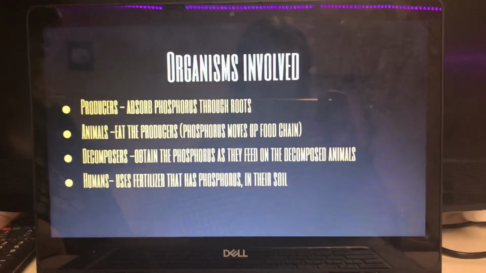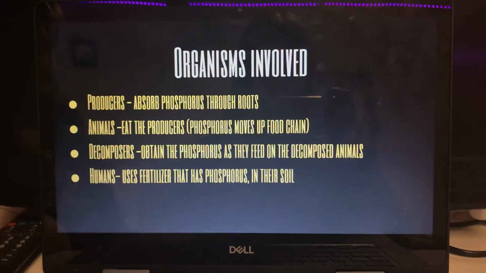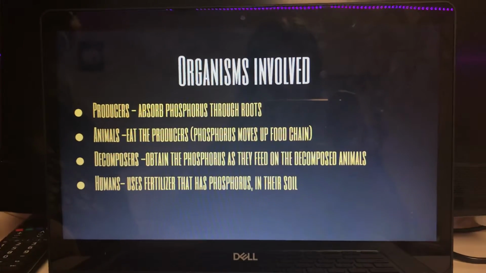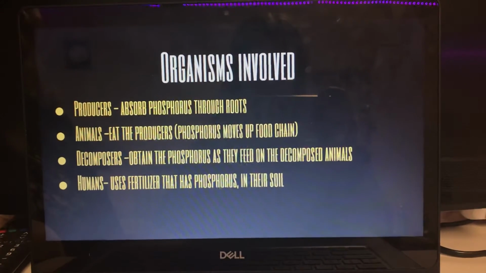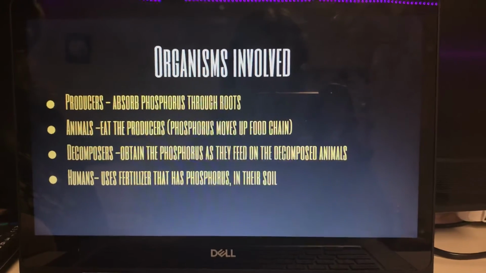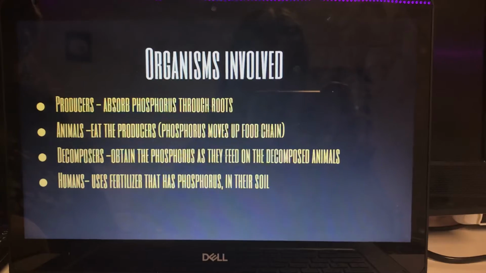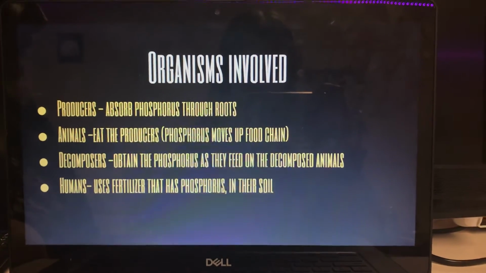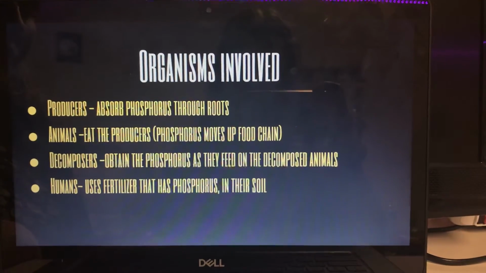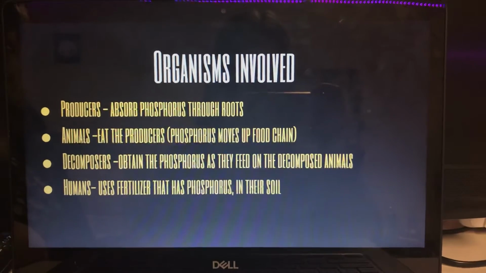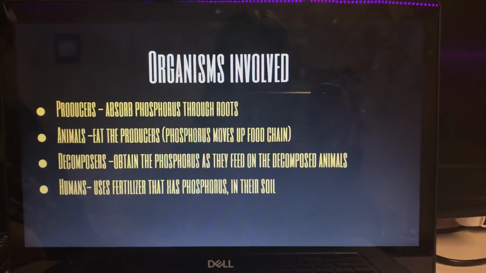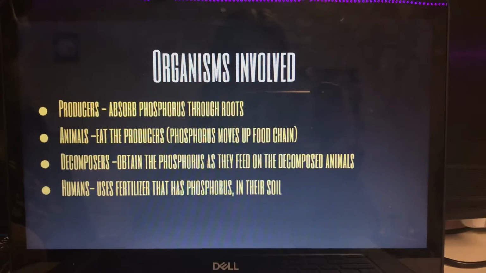Our organisms involved in the phosphorus cycle. We have producers, which are the plants that absorb phosphorus through their roots. We have animals that eat the phosphorus, and the phosphorus moves up the food chain, so the phosphorus comes from the plants, and then the animals eat the plants, and the phosphorus moves on to them.